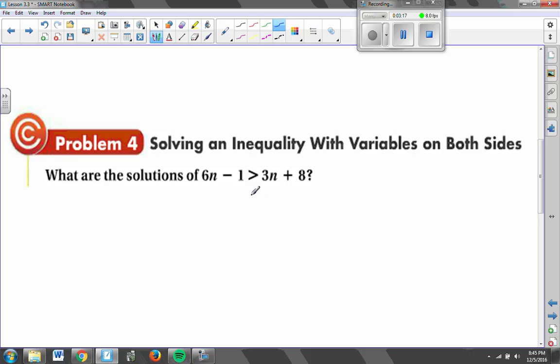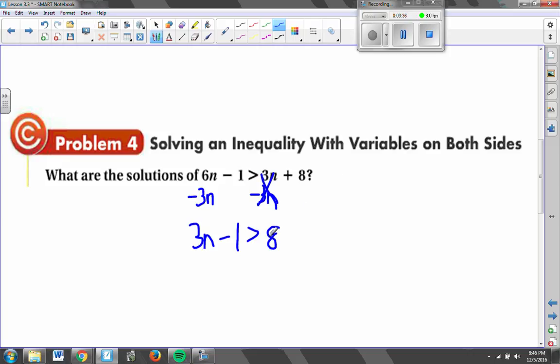So in this case, I'm going to take away 3n to get those 3n to move over here, so that all of my n's, all of my variables are on one side. 6n take away 3n gives me 3n, minus 1, greater than a positive 8.